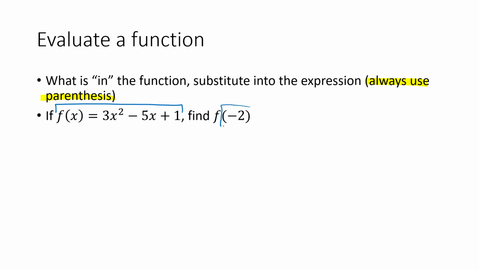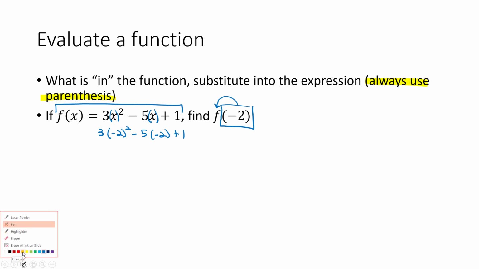What this means is -2 is going to be plugged into the f function. So here's my f function. Wherever there's an x, we're going to plug that -2 in parentheses. So 3 times (-2) squared minus 5 times (-2) plus 1. And when we do that, we end up with a simple order of operations problem. Simplifying the exponents, (-2) squared is 4, minus 5 times -2 plus 1.